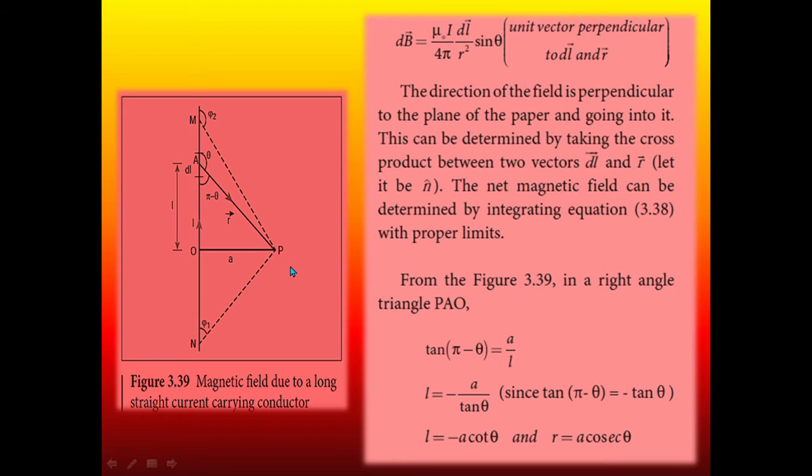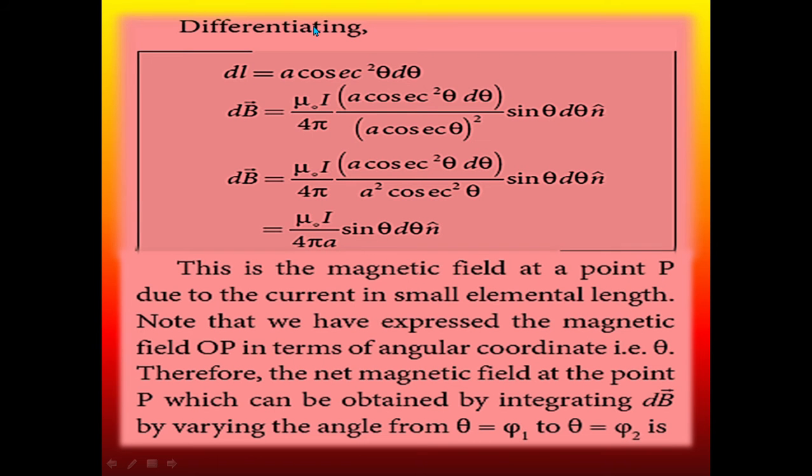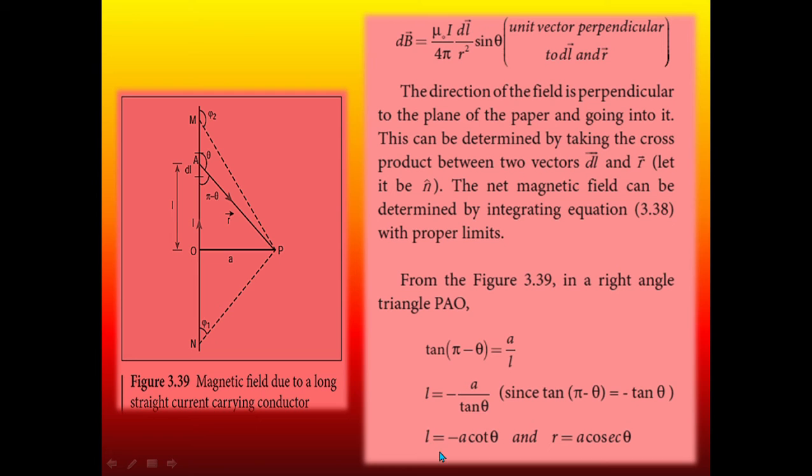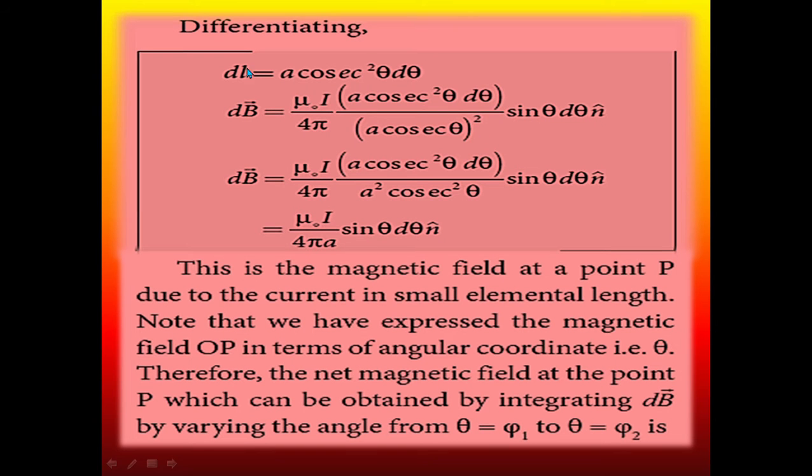Here cosecant theta is equal to r by a, so r is equal to a cosecant theta. The next step, differentiating this l term, we obtain dl is equal to a cosecant square theta into d theta.